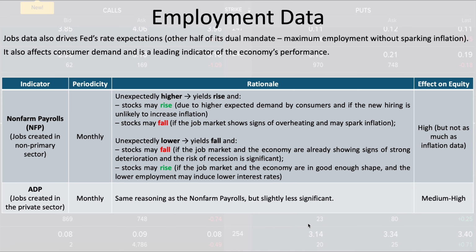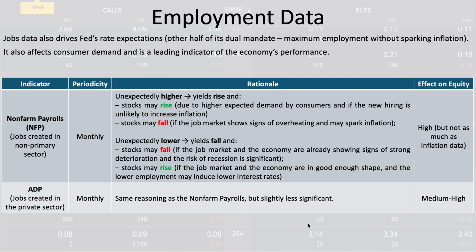But to go up to the indicators, the most important one is the non-farm payrolls, which is the number of jobs created in the non-primary sector. So agriculture and resource extraction are set aside, and this is only about manufacturing and services.